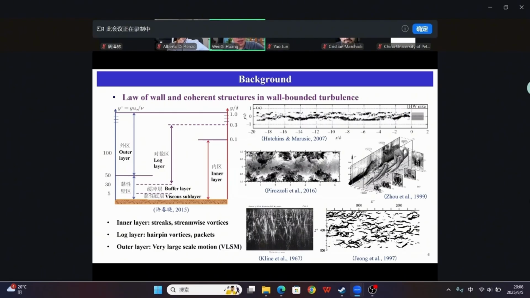And from the viscous sublayer, we can observe typical coherent structures like the low speed streaks, the near-wall streamwise vortices, the hairpin vortices, and in the outer layer very large scale motions.